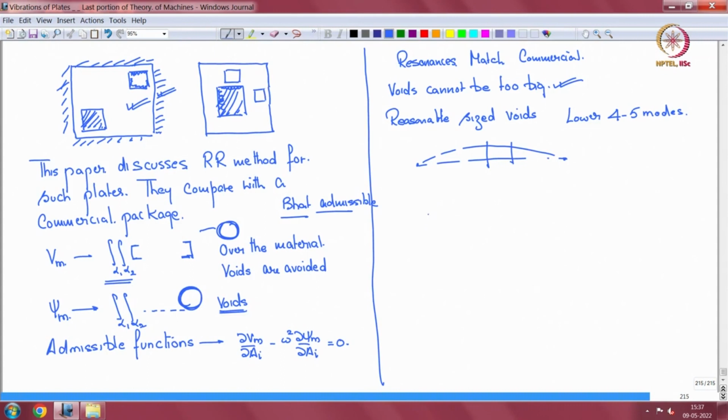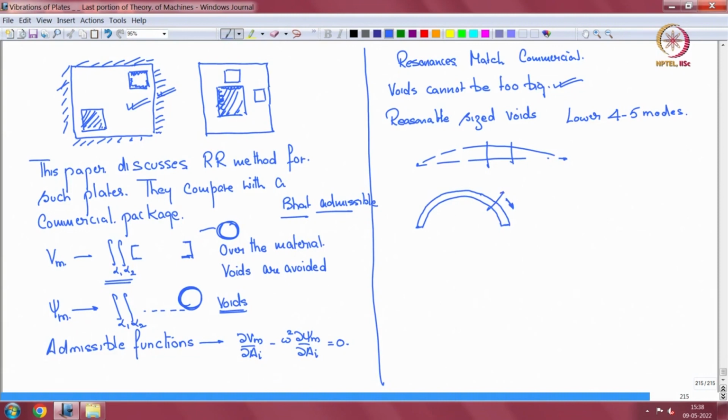Now we have not discussed partial rings, arches. These are difficult problems to find mode shapes, because theta, the in plane and transverse motions get coupled, and it is not easy to find exact mode shapes.